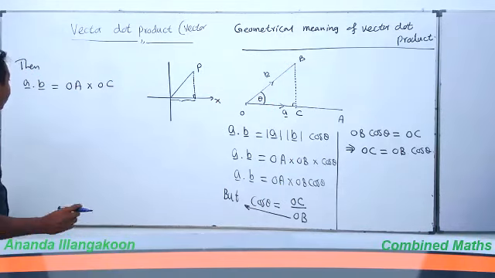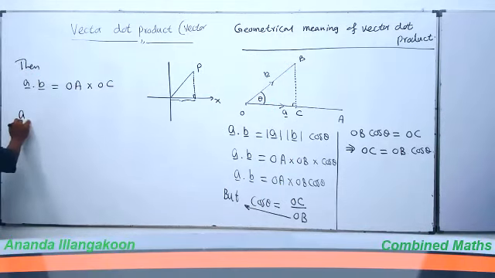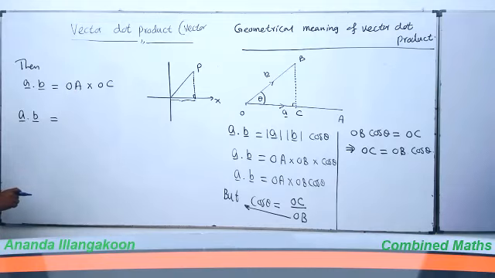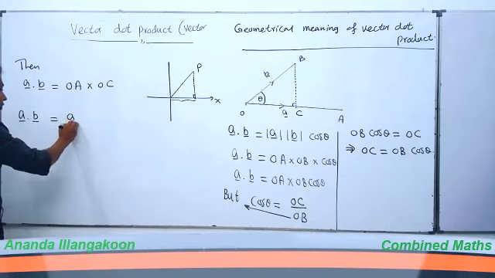Okay, so therefore we can write A dot B how, people? OA means modulus of A. Modulus of A multiplied by what?